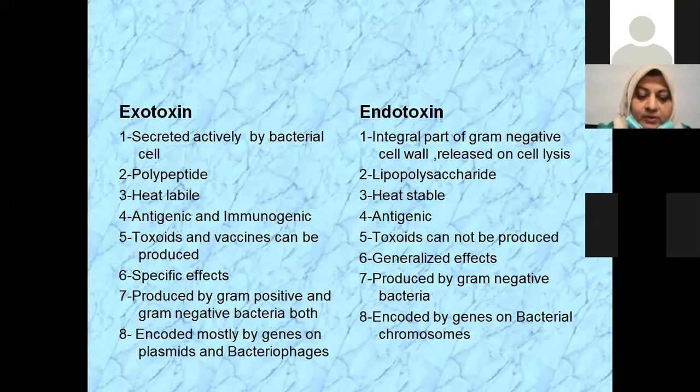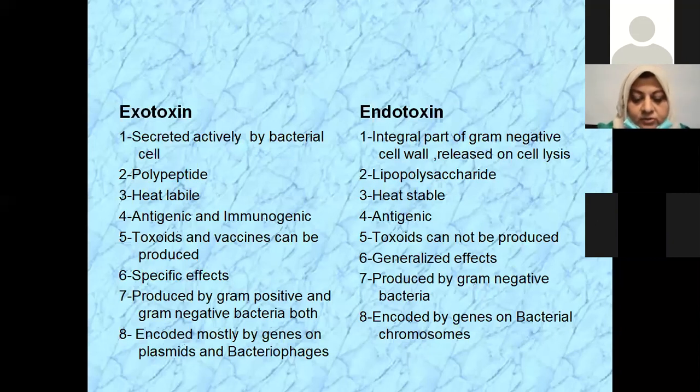Exotoxins are produced by gram-positive and gram-negative bacteria both, while endotoxins are produced by gram-negative bacteria only. Why? Because they are the integral part of the gram-negative cell wall only. They are not found in gram-positive bacteria.